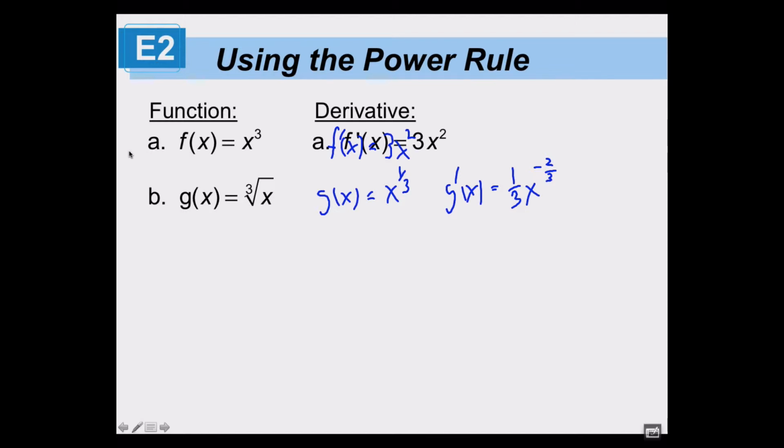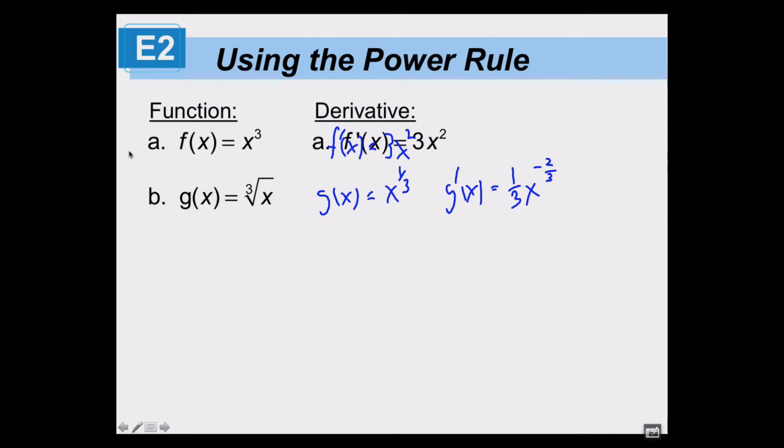Question. Can we leave that that way, or do you want us to...? Ooh, great question, Claire. You're not going to like the answer. No negative exponents in your final answers. Two things to remember in calculus: no negative exponents, no fractions within fractions.